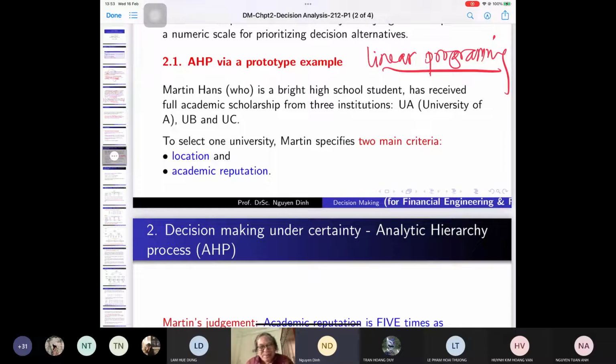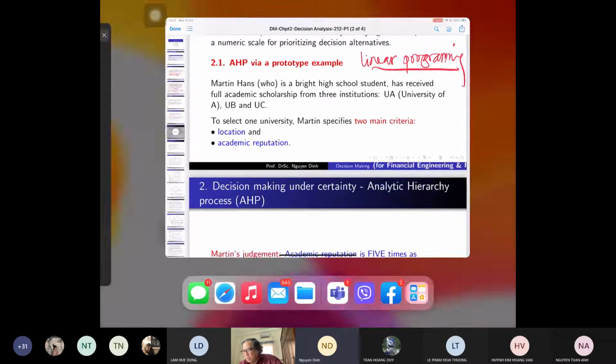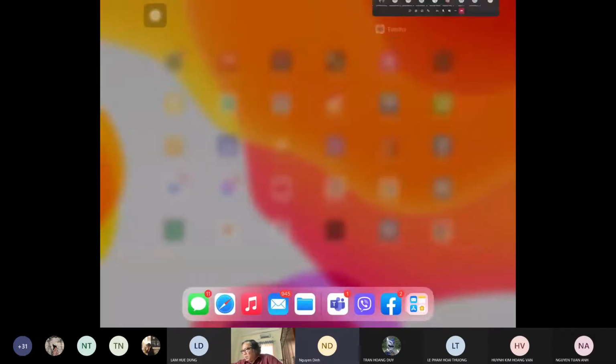But now my screen is fixed, it doesn't change. You wait a minute. I will start to share the screen again to see what happened.